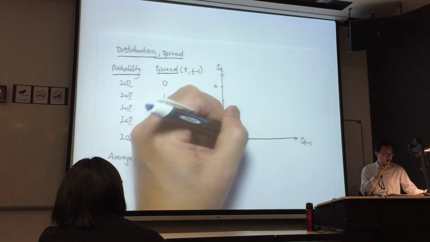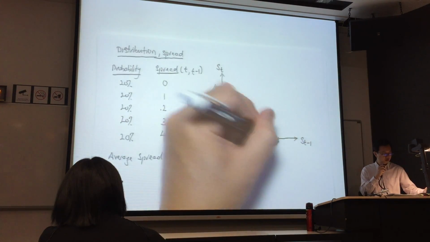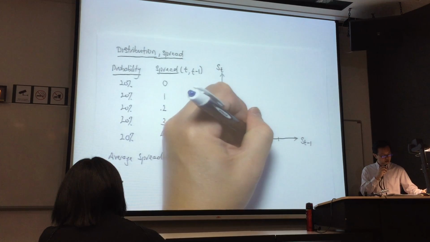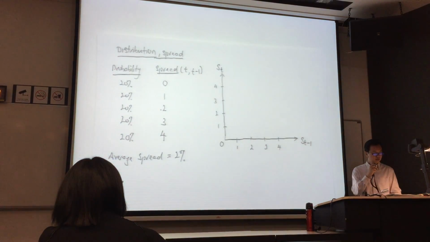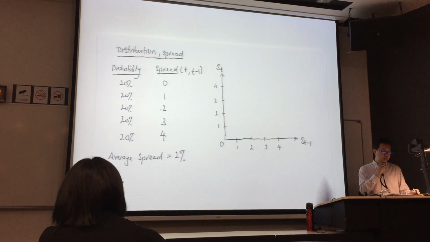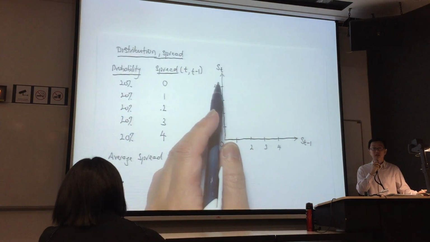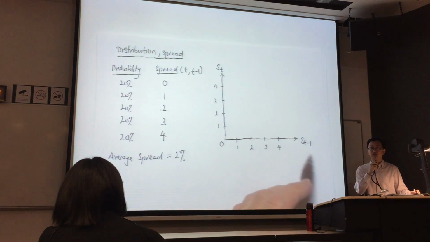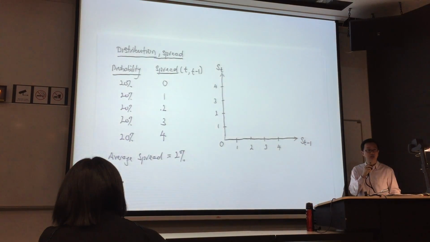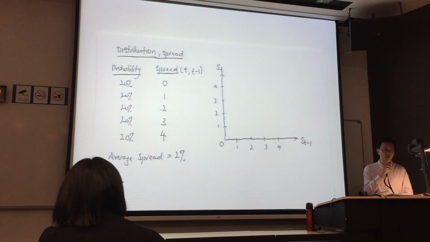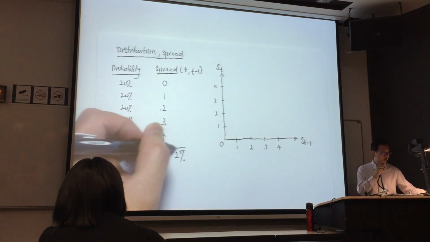It could be 0, 1, 2, 3, or 4. So t minus 1 precedes t. So we will know what happened to the spread at t minus 1 and decide on what we should do. So what we should do is by comparing to the average spread.